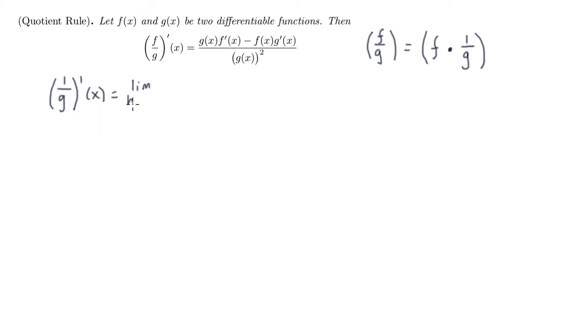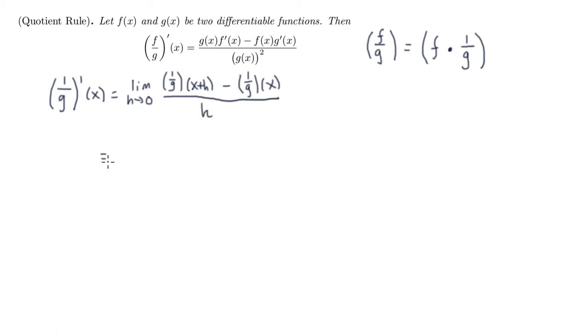Limit as h goes to 0 of 1 over g, that function, evaluated at x plus h, and then minus the function 1 over g evaluated at x, and then all over h.